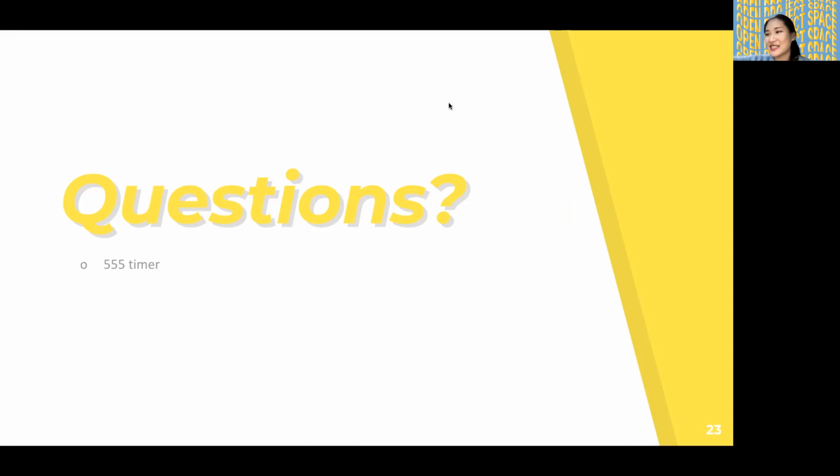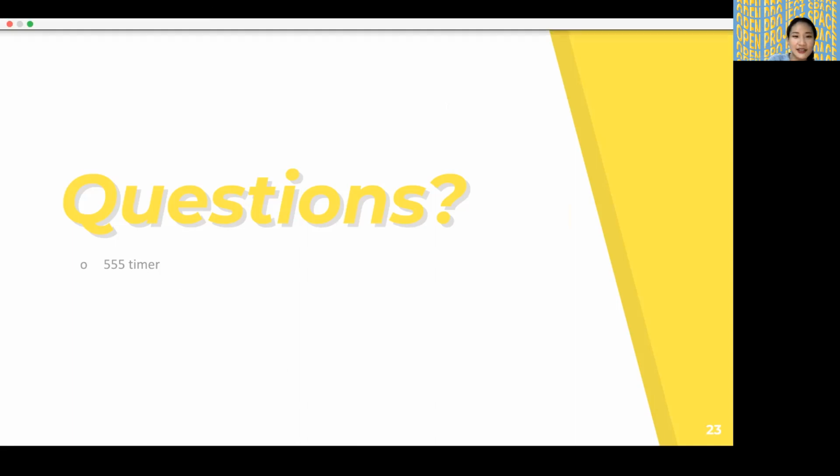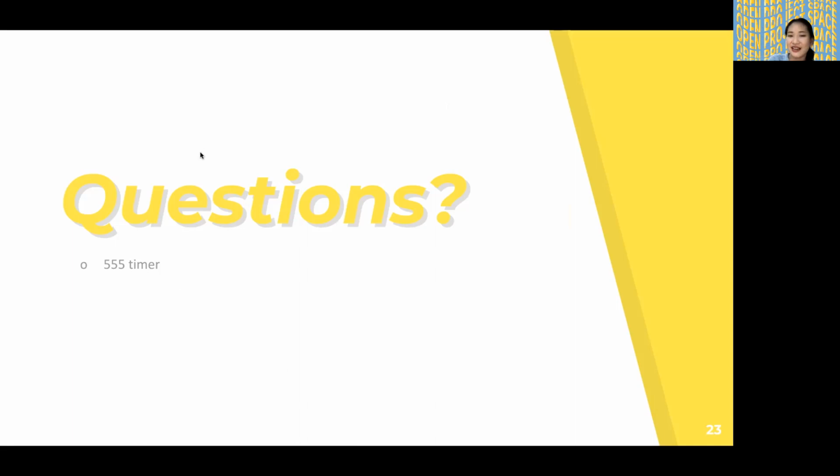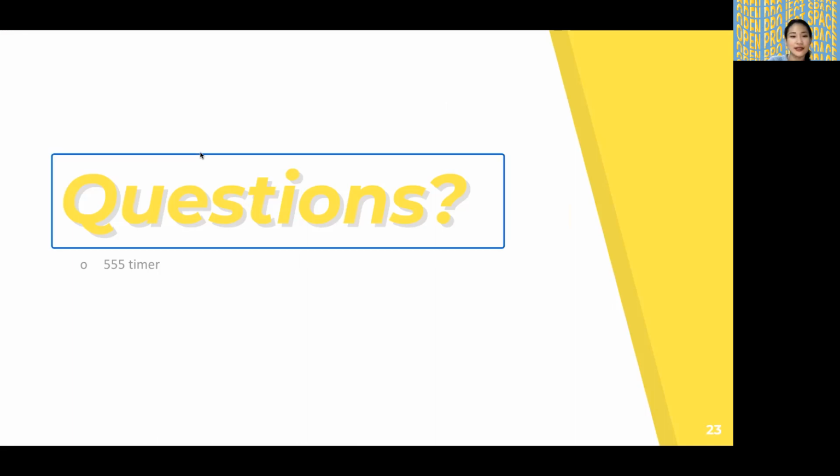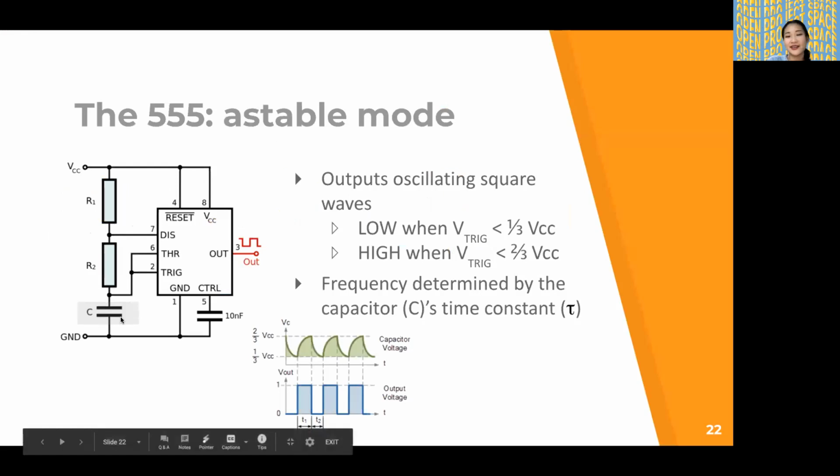Does that answer your question? We'll see the schematic next time, and it'll probably make more sense with all the resistors in place. This is how it looks, but it'll look more like a circuit next time.